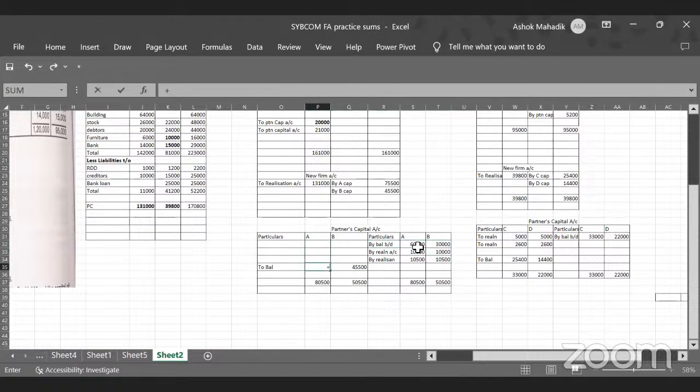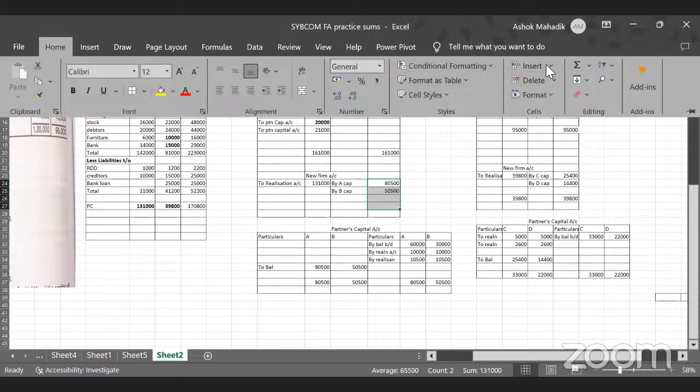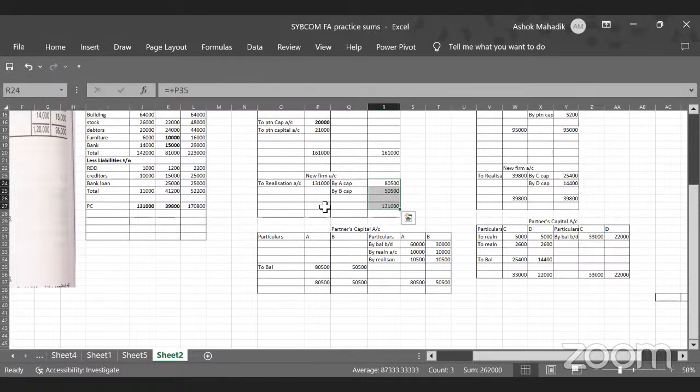So new total will be 8,500 and here 5,500. Okay, so now new balance to be carried forward will be 80,500 for A and 5,500 for B. Okay, so now new total is, yes, 131.